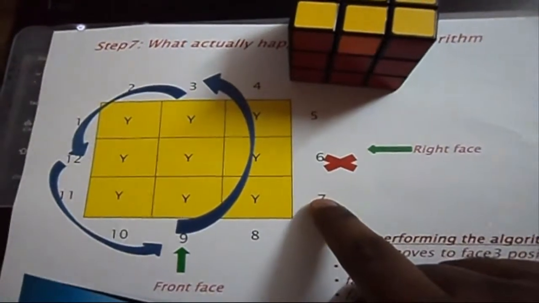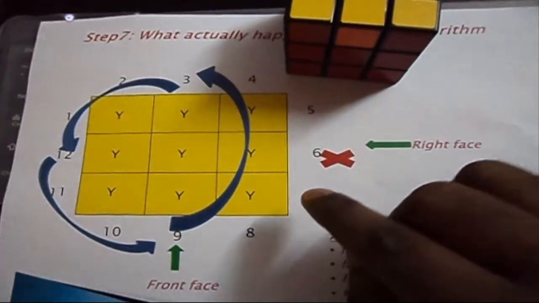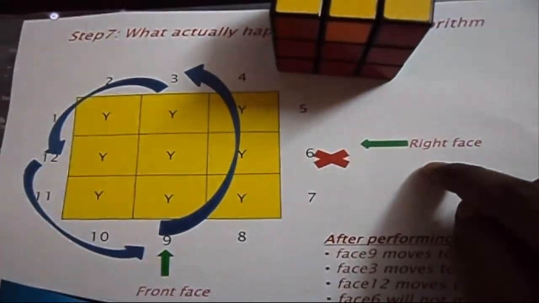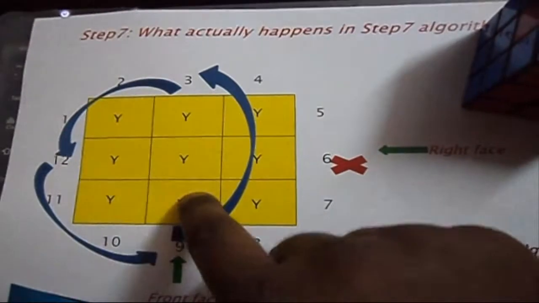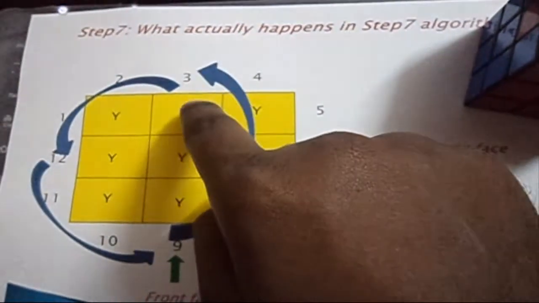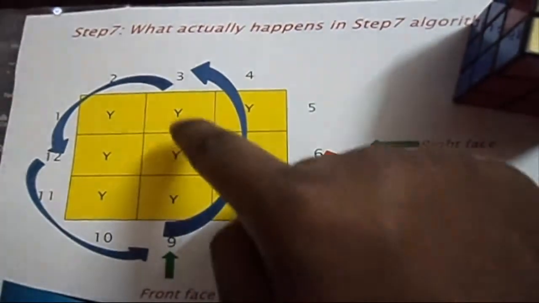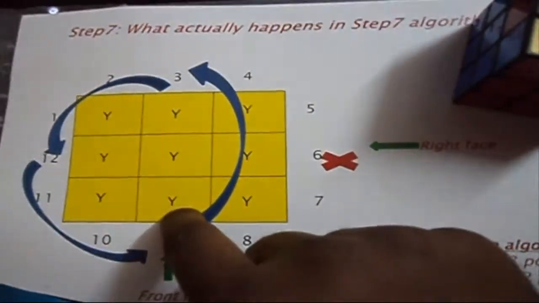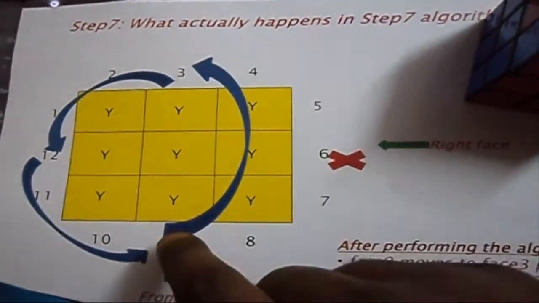When I perform the algorithm holding the cube like this, with the completed face as my right face, these 3 edge pieces rotate: this will move to this position, this will move to this position, and this will move to this position. So these 3 edge pieces are rotating in an anti-clockwise direction like this.